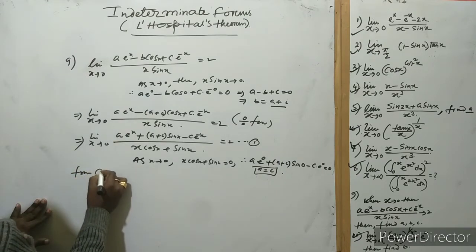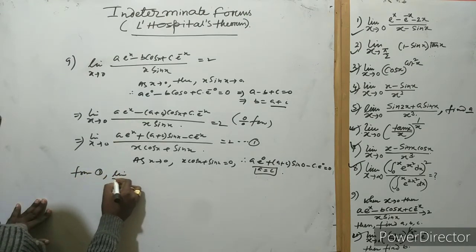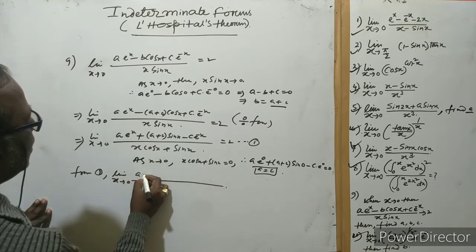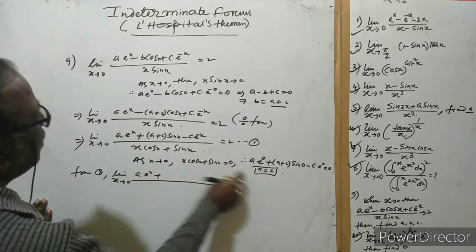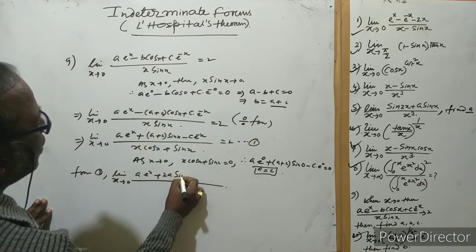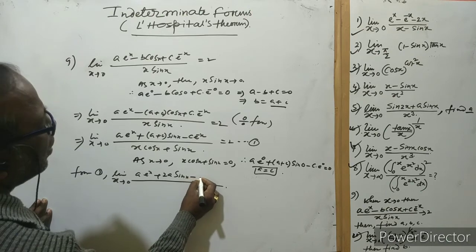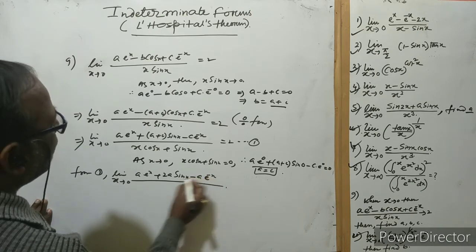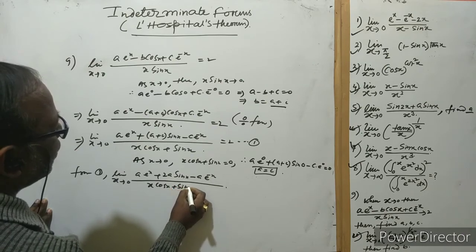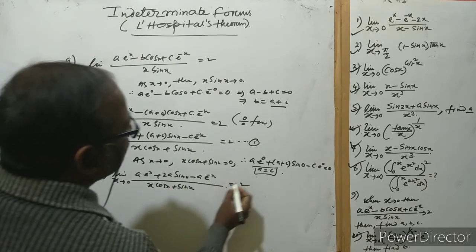Then from 1, limit x tends to 0, a e to the power x. A equal to c, you can put here 2a. Okay, this is equal to is given.